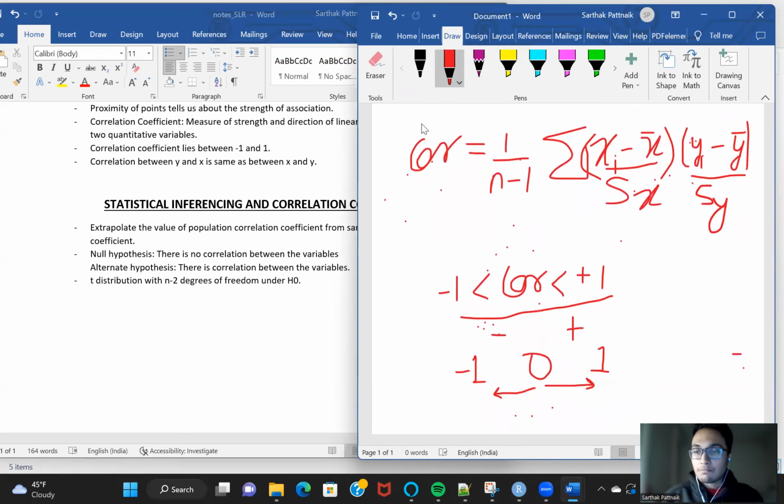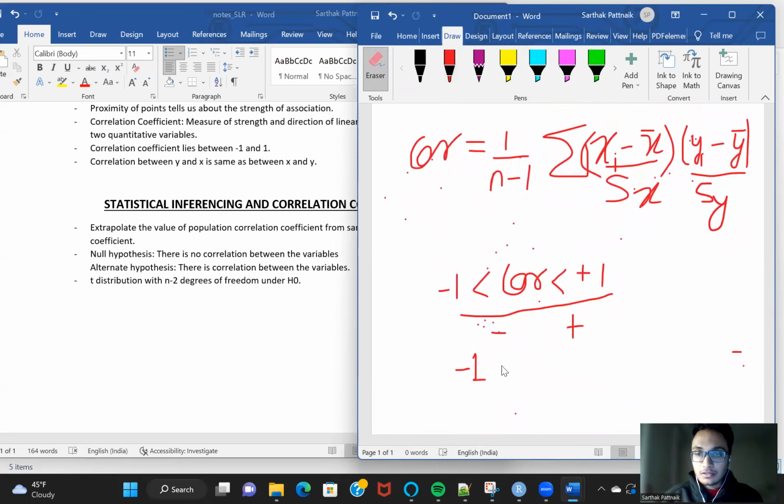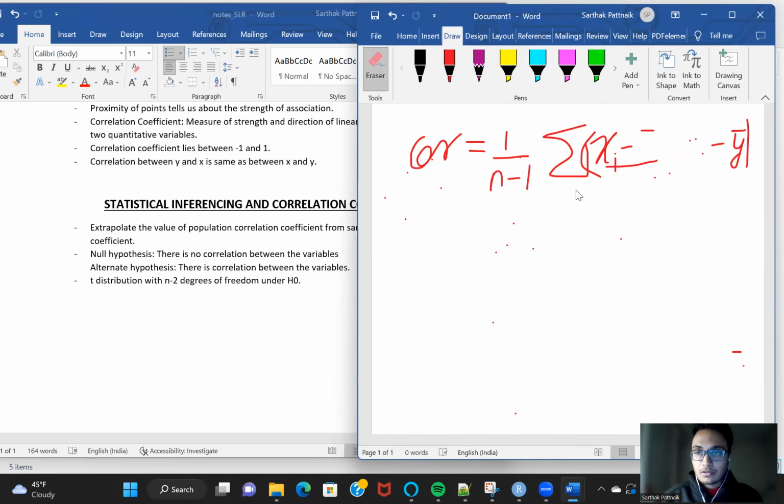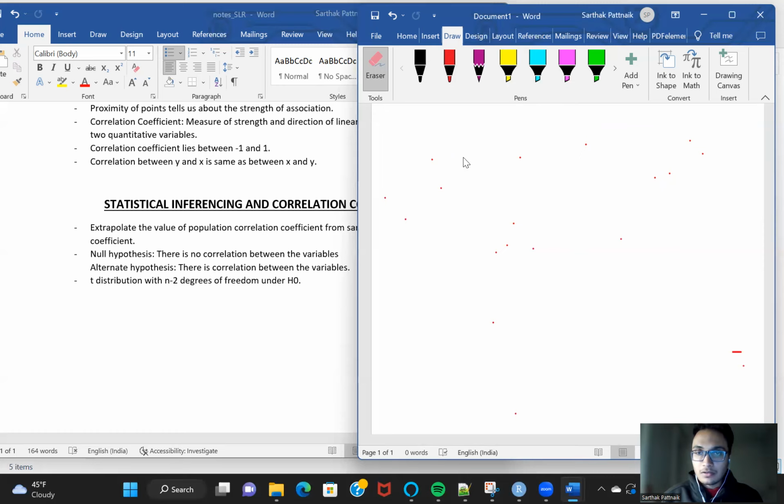So let's come to some basic notations first. My unknown population parameter here is rho. This is the population correlation coefficient.